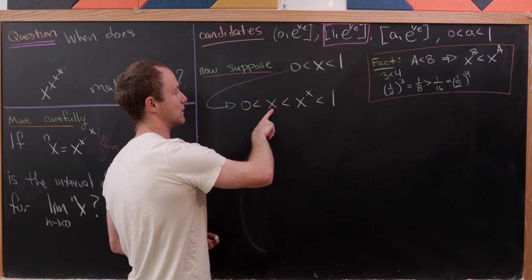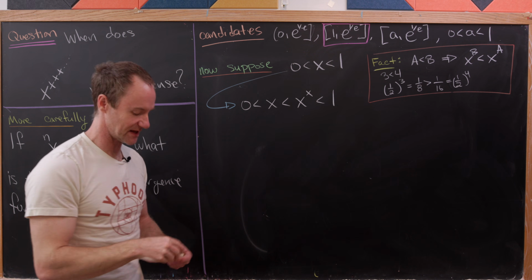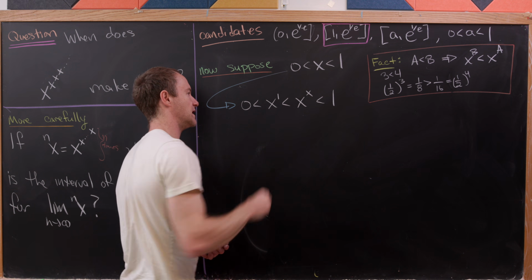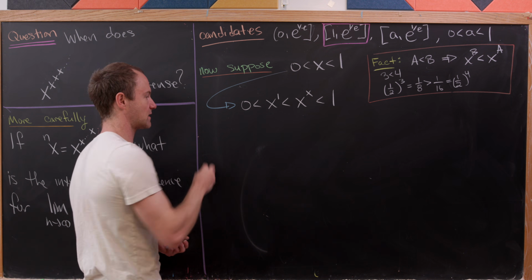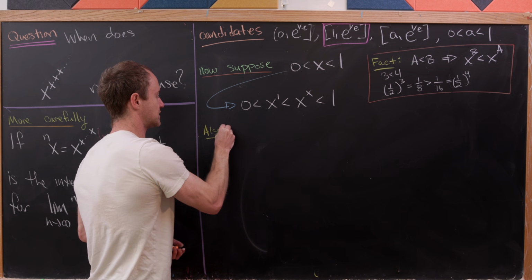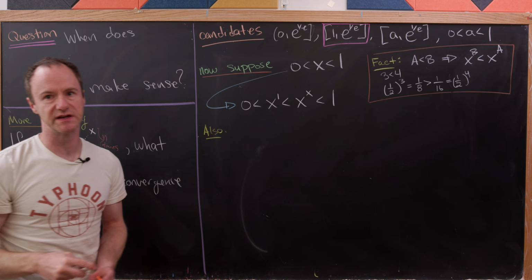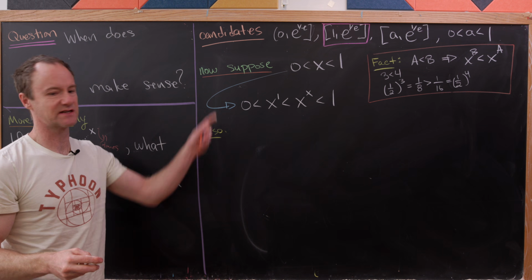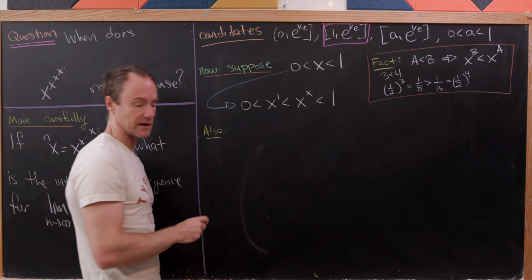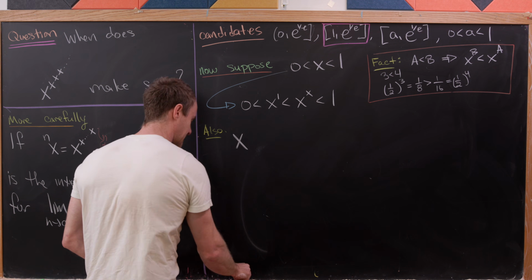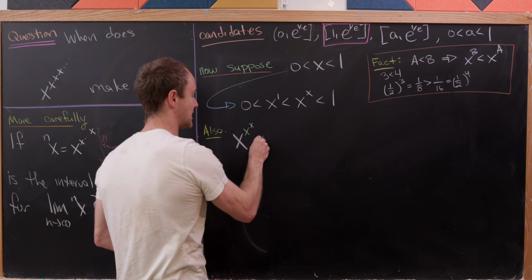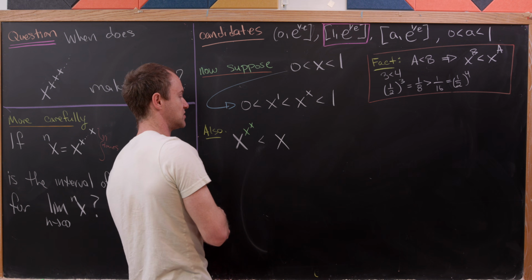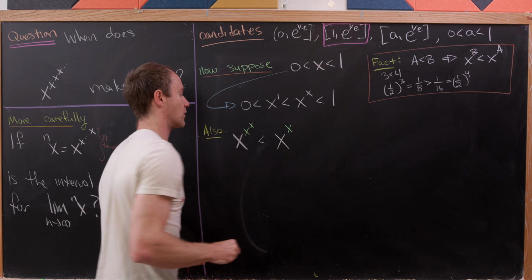So we've got x to the 1 is going to be less than x to the x. Maybe we should write x to the 1 in there so we see that. And then we can extend this. Let's also note the following, and I'm going to color code this so we can see where we're using our fact and our base inequality. Notice that x to the x to the x has got to be less than x to the x power.